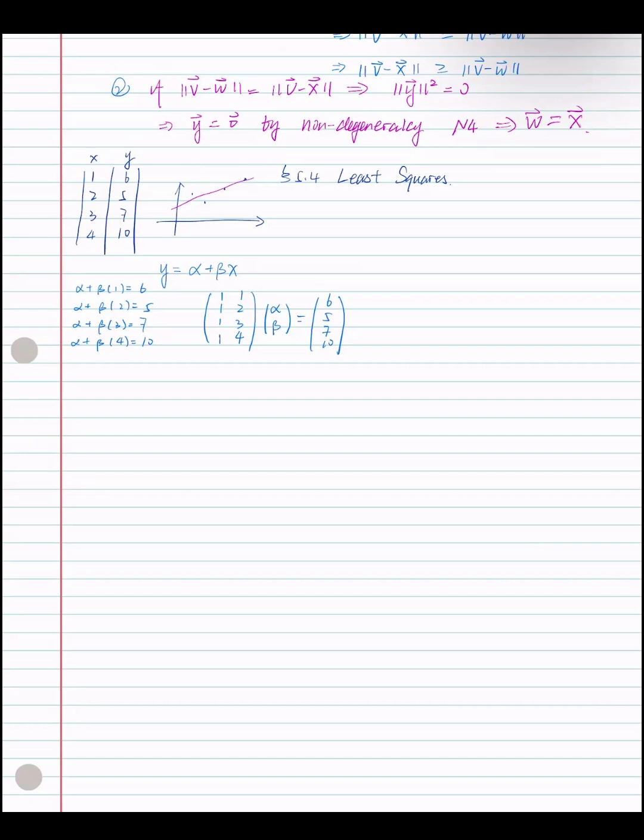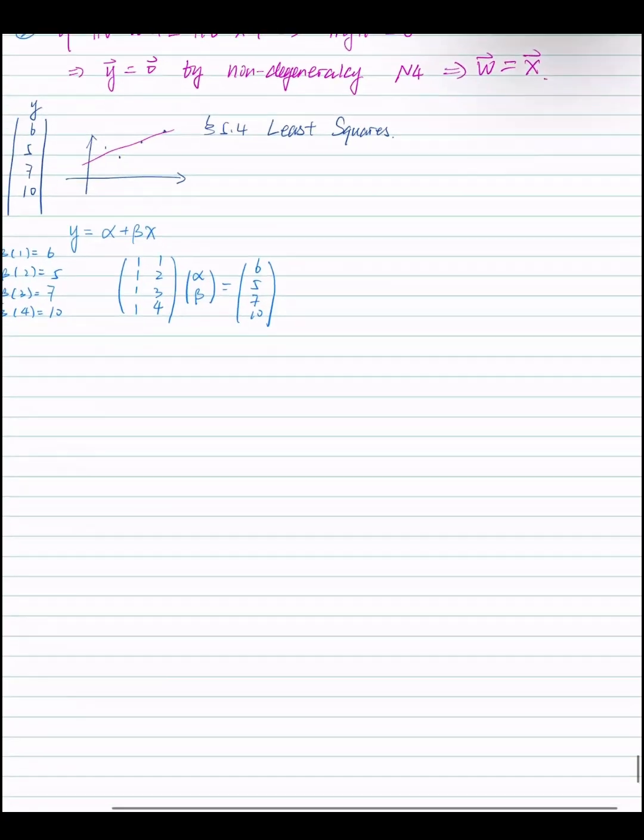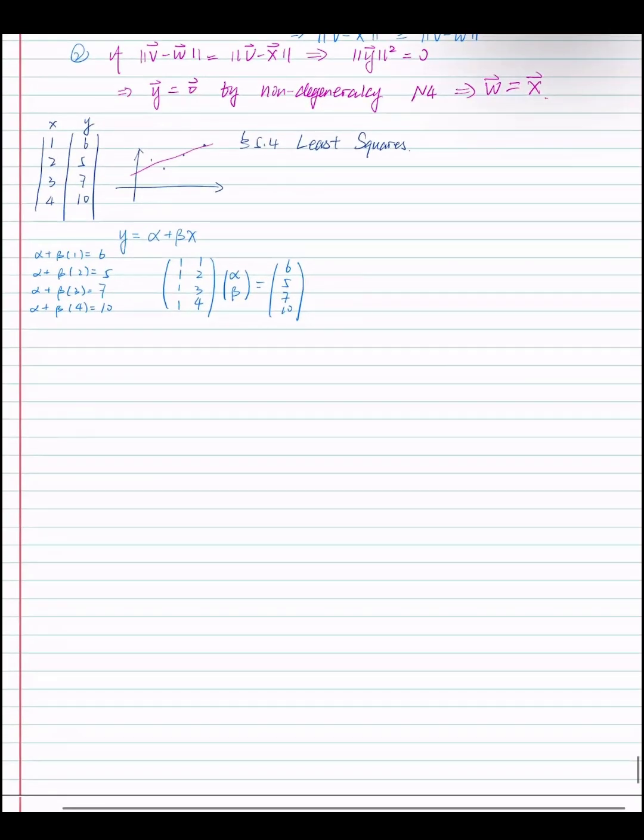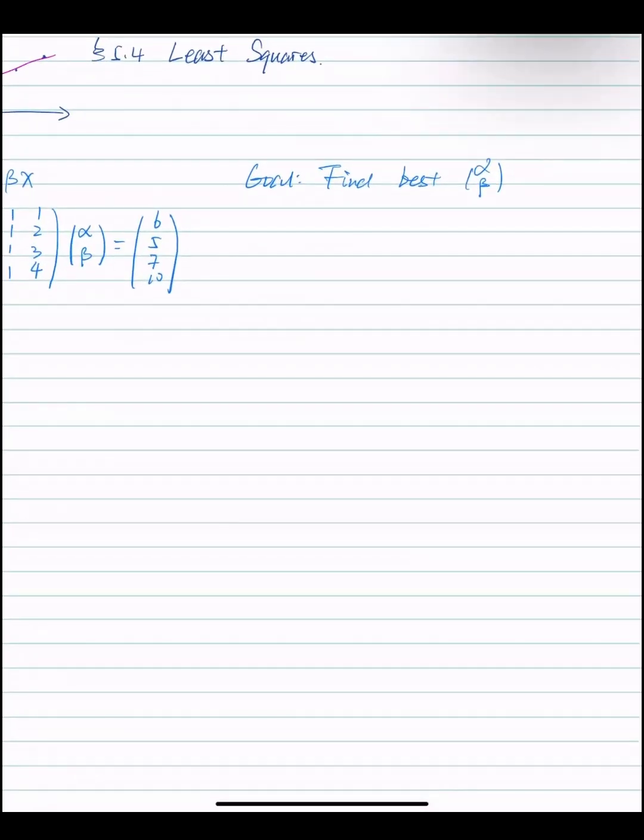And what does closest mean? We sometimes use MAE, mean absolute error, or sometimes we use mean square error to determine this. So these are two different metrics that we want to minimize. We either minimize the absolute value of the distance from a data point to the line, or we minimize the square distance from a data point to the line.